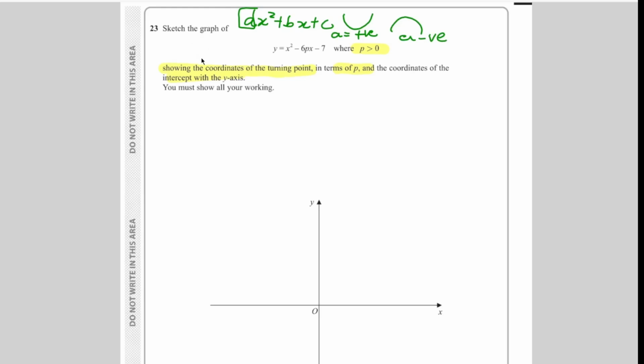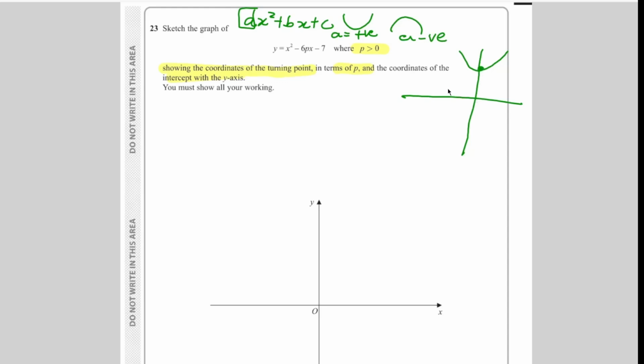Right, now let's see how to get the y-intercept. Y-intercept is the position where the curve cuts the y-axis. Let's say this is x and y-axis. So this is the position where it cuts the y-axis.